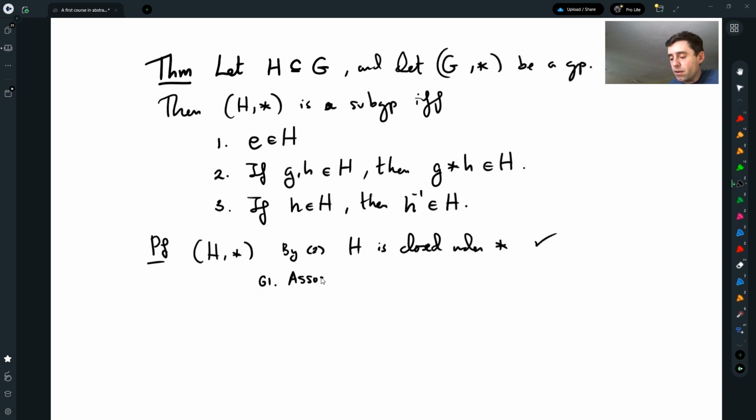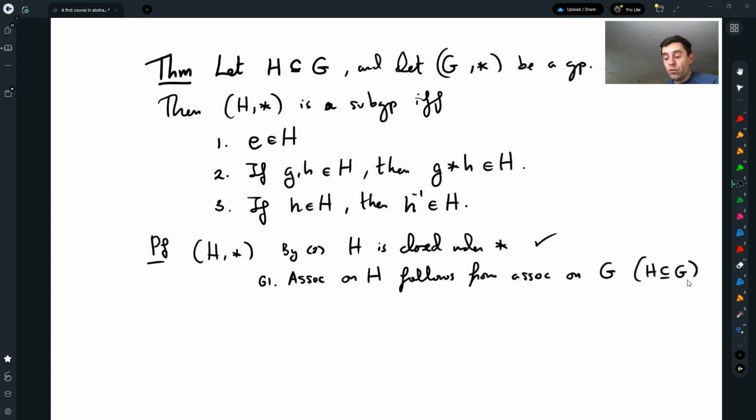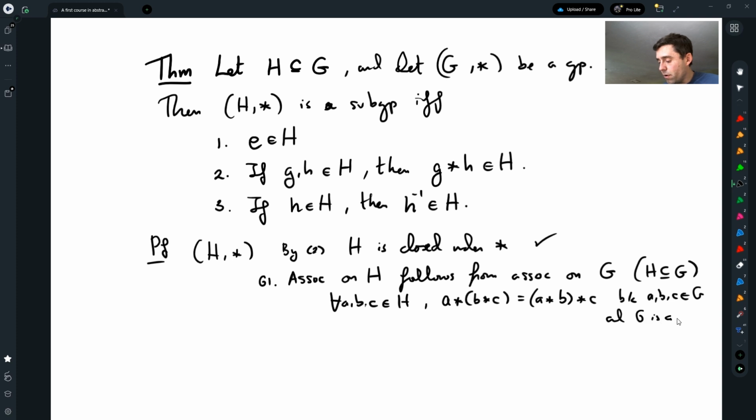Associativity on H follows from associativity on G, because H is a subset of G. So if it was associative on elements of G, then it is associative on elements of H. So for all a, b, and c in H, we do have that a star (b star c) is the same as (a star b) star c, because a, b, c are in G, and G is a group. So star needs to be associative on G.